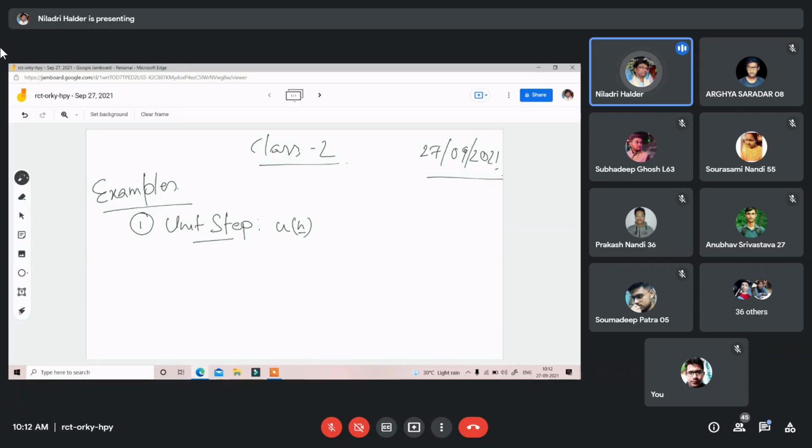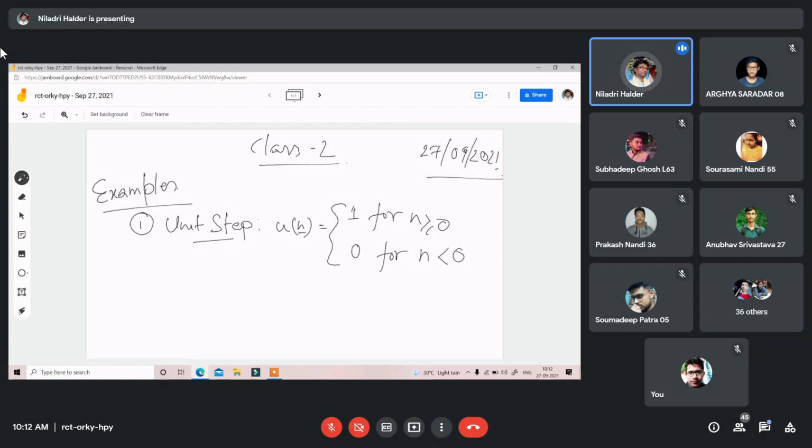So a unit step is defined as u[n], and its value is 1 for n greater than or equal to 0, and 0 for n less than 0.